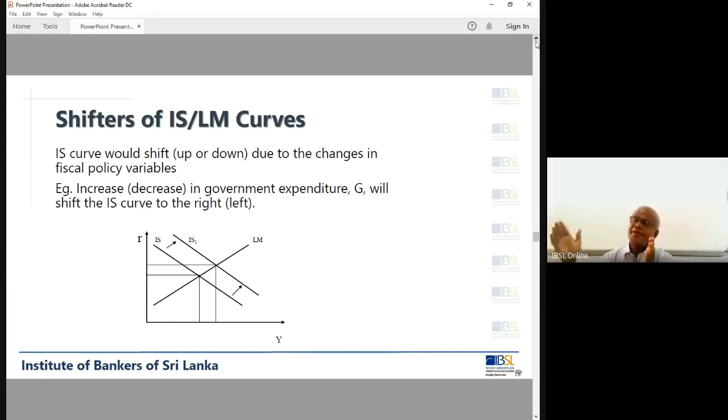People start spending their earnings, then production and output increase. At the same time, the interest rate also increases. If the government decreases expenditure, the IS curve shifts down, output decreases, and the interest rate decreases. Those things will happen.